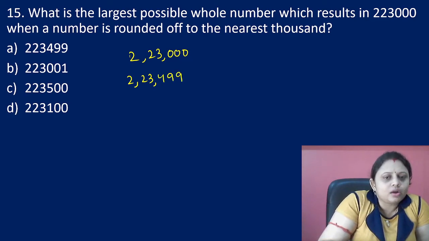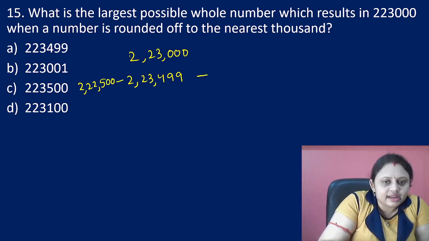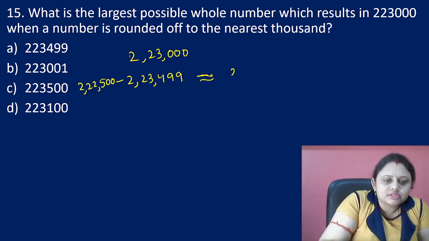Starting from 2,22,500 up to 2,23,499, if a number is rounded off to the nearest thousand, then it will be 2,23,000.